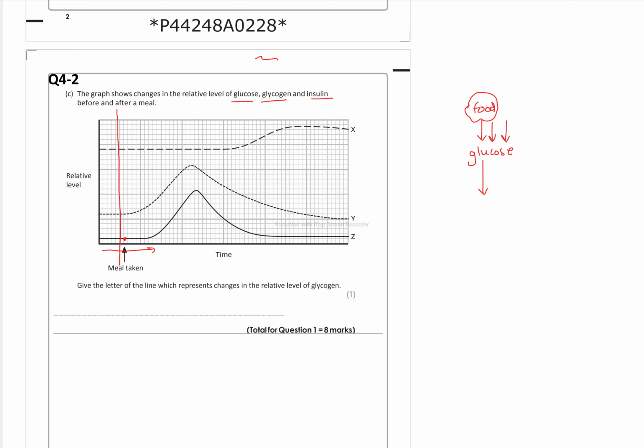So what happens is your pancreas is called upon to release insulin. This is your pancreas. Like we said earlier, it takes the glucose and puts it together.